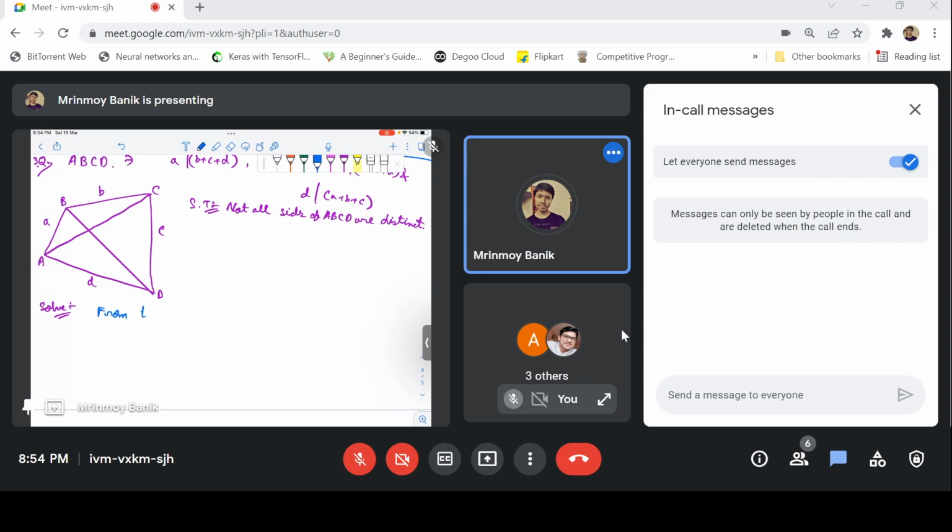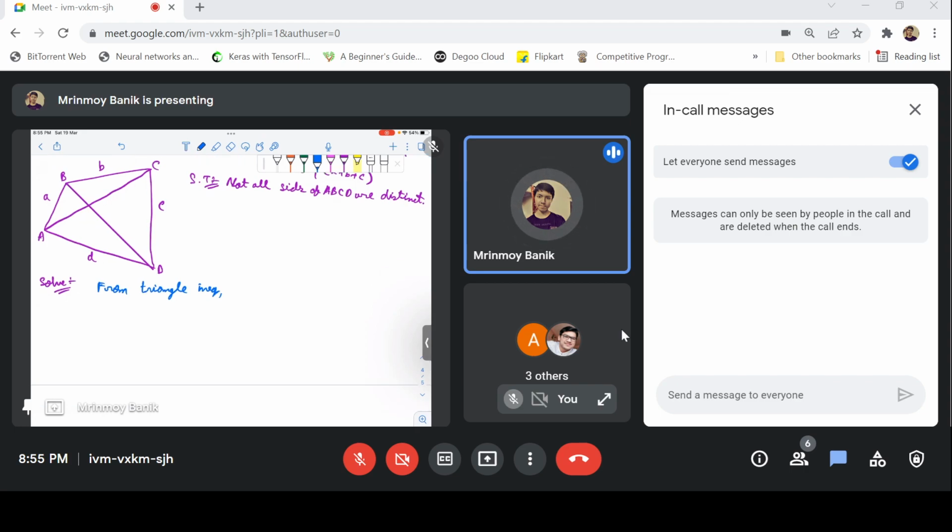From triangle inequality we have AC less than or equal to AB plus BC, which is A plus B. And AD is less than or equal to AC plus CD, considering the triangle ACD.